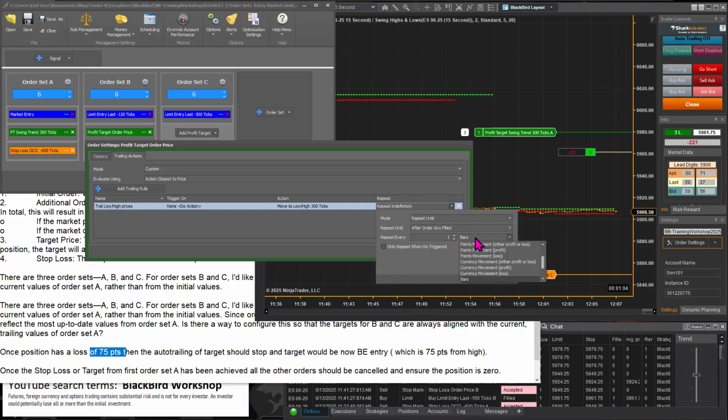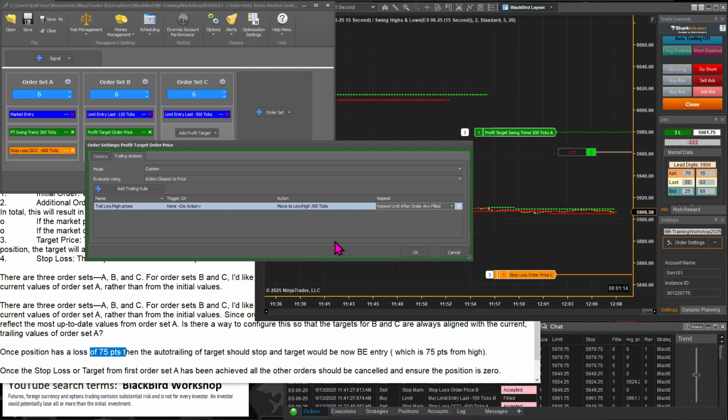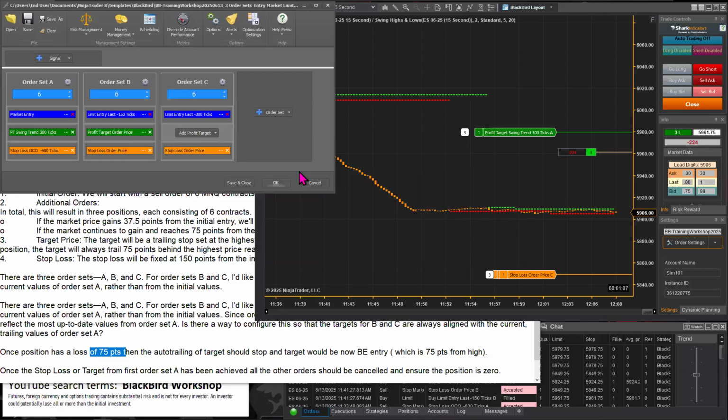And again, I'm going to set this to ticks of movement in a lost direction. Again, we're only pulling in our profit target when the market moves in a lost direction. And I'll knock that up to 2 as well. And there we go. So now we have this profit target trailing adjusted.